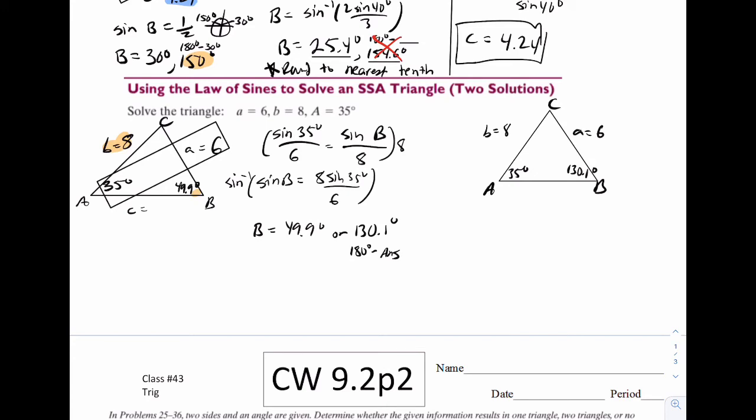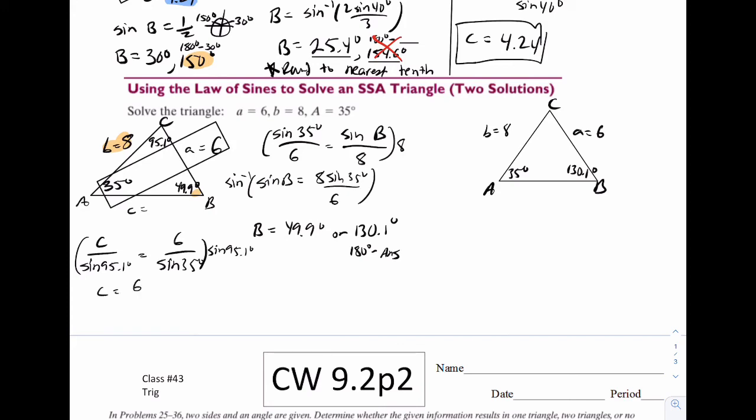So let's focus on the first one. If we have 35 and 49.9, the last angle must be 95.1. Just add and subtract from 180. And then just work it out. C over sine of 95.1 equals your pair, which is 6 over sine 35. Multiply by sine 95.1.